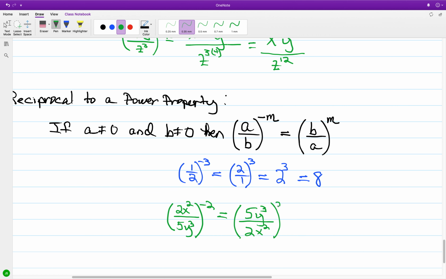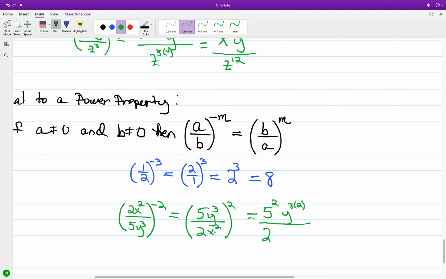and squaring out everything. So we have 5 squared, y cubed squared, we have y to the 3 times 2. And with the denominator, bottom part of the fraction, 2 is squared, x squared is also squared. And for the final result here, 5 squared is 25.